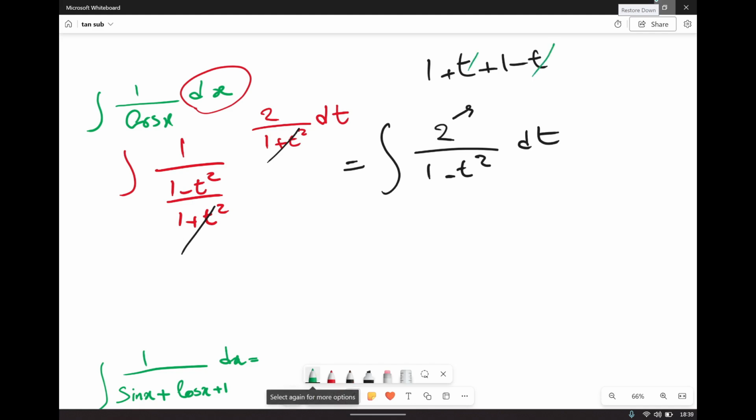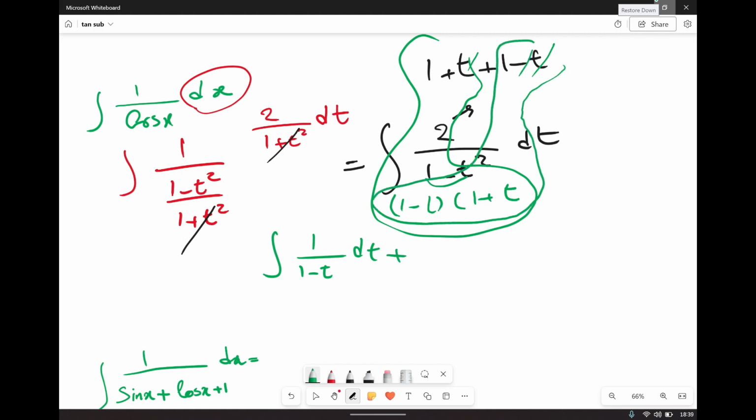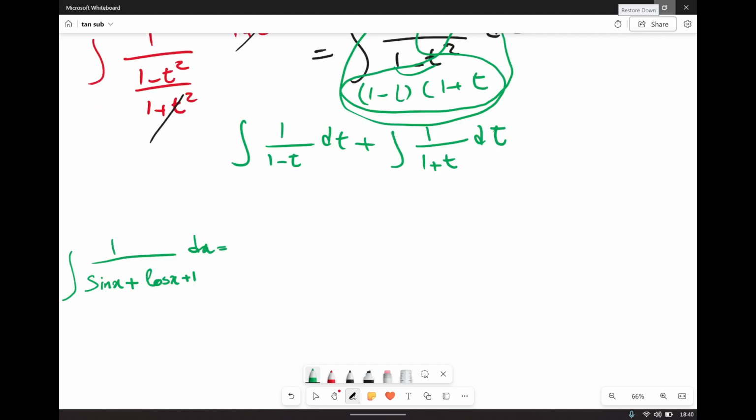Therefore the answer is: we factorize 1 minus t squared as 1 minus t times 1 plus t, and this part with this part, integration of 1 over 1 minus t dt, plus this one with this one, integration of 1 over 1 plus t dt. Yes, exactly. If we put minus inside and minus outside, they cancel each other.